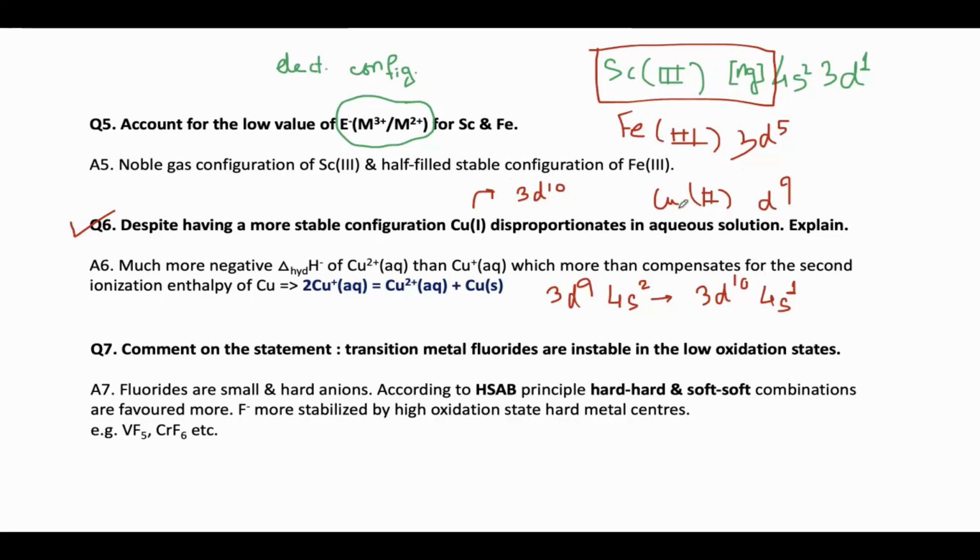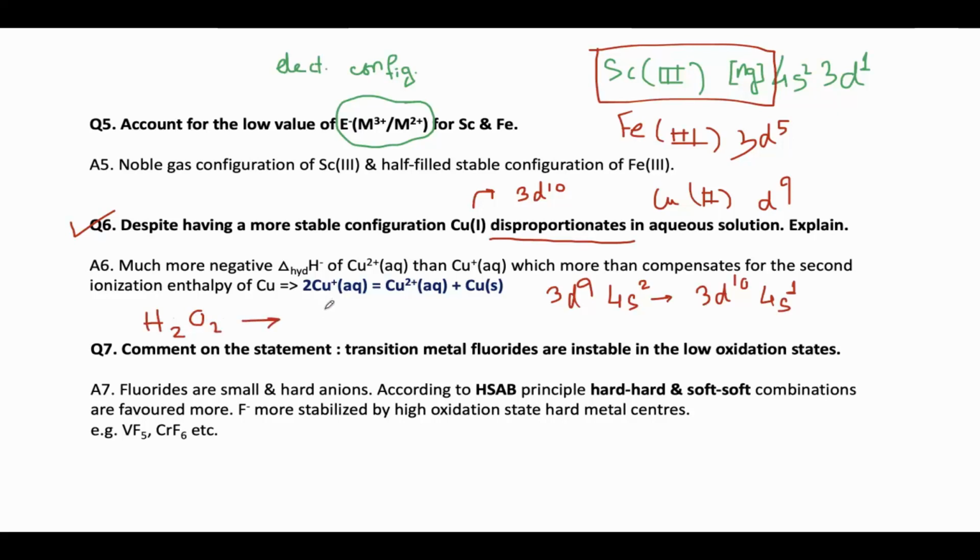it disproportionates in aqueous solution to copper 2+ and copper 0. So first of all, what is this disproportionation? Disproportionation or dismutation is a kind of reaction where a single species gets oxidized in one section and gets reduced in another section. Let us discuss the disproportionation reaction with a typical example of H2O2, which is hydrogen peroxide.